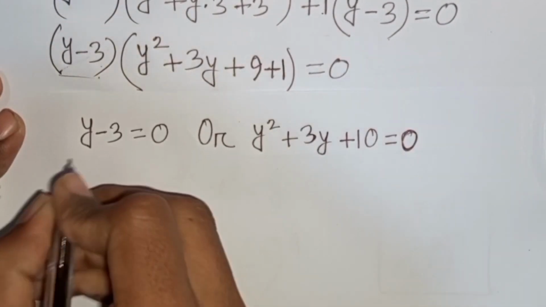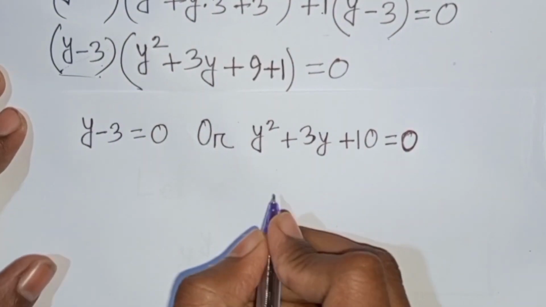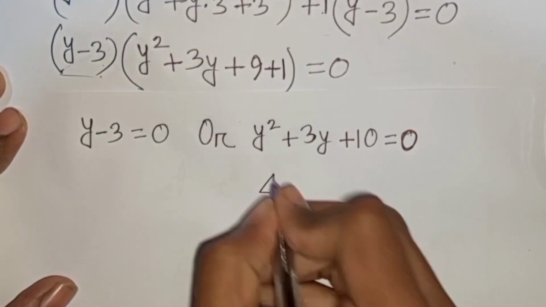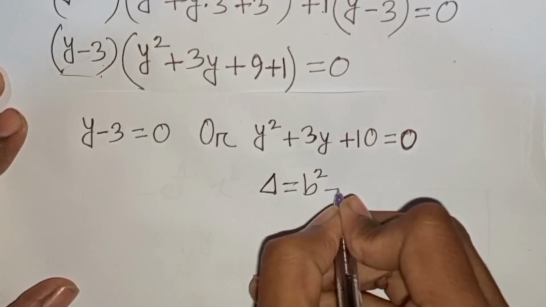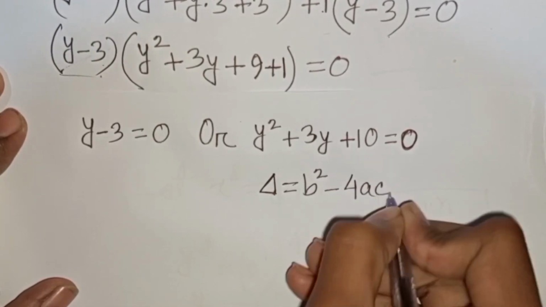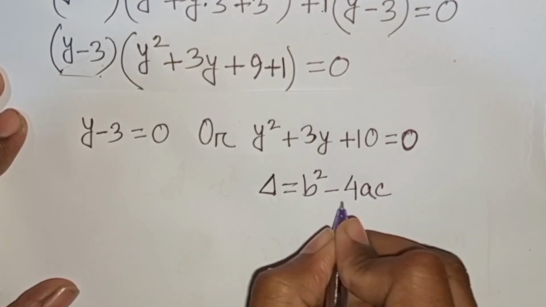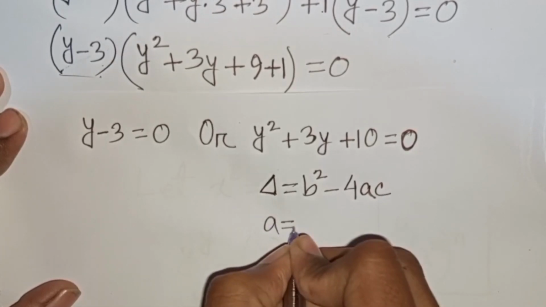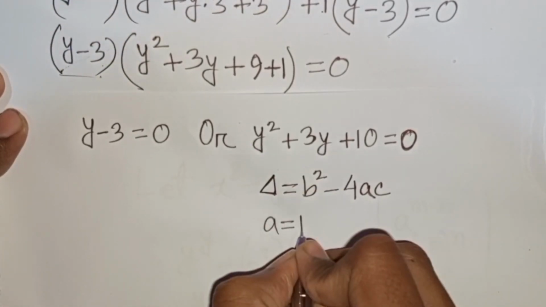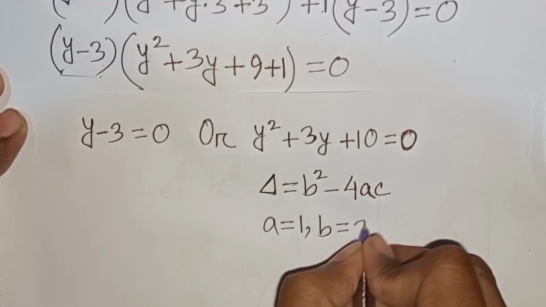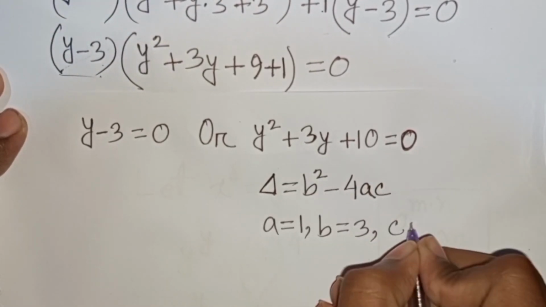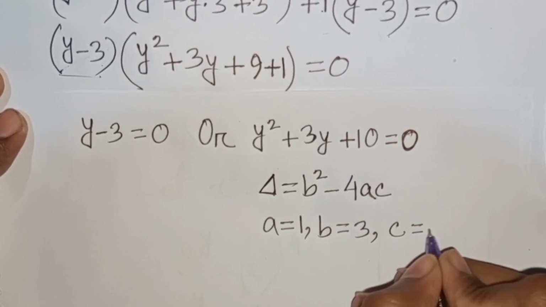Now here you can apply the discriminant formula, so you can write here delta is equal to b square minus 4ac. Here a will be equal to 1, b will be equal to 3, after that c will be equal to 10.